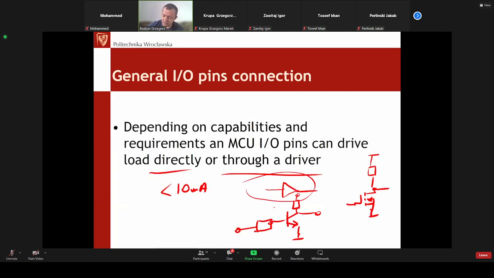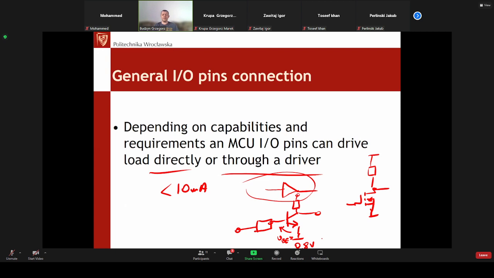Base emitter voltage, even with a completely open transistor, is on the level of 0.8 volts. If our microcontroller has 3.3 volts or even 2.5 volts, then still it doesn't match.